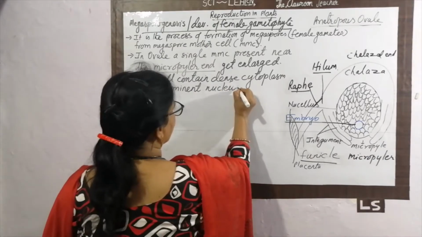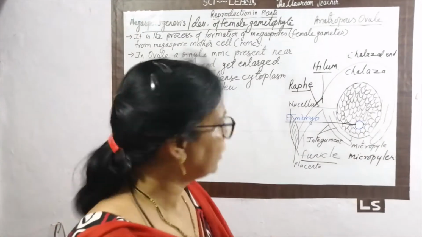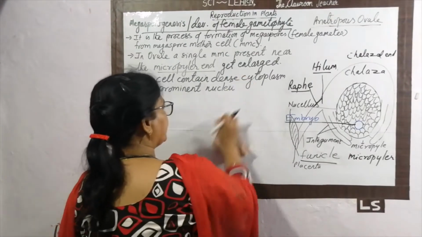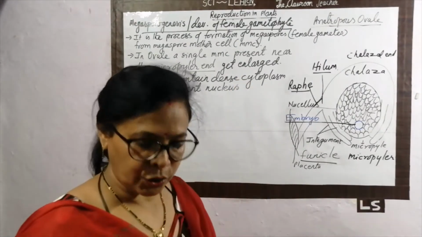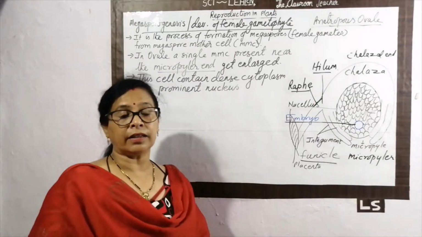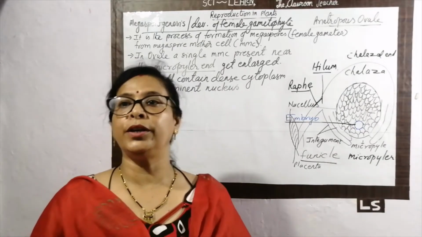The prominent nucleus is present here. So this cell contains the dense cytoplasm and the prominent nucleus.